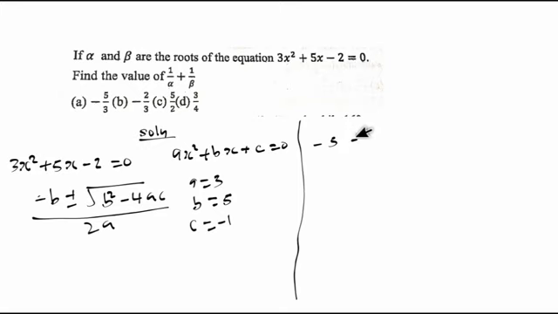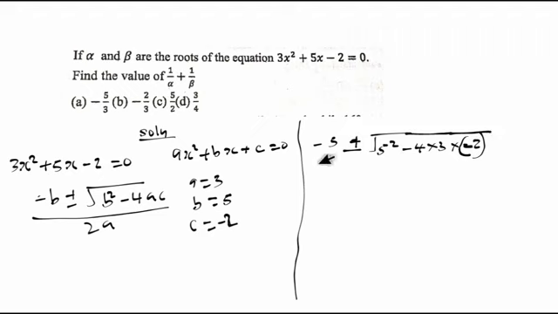Then plus or minus the square root of b squared, which is 5 squared, minus 4 multiplied by a, which is 3, multiplied by c, which is minus 2. I wrote minus 1 here by mistake, that's minus 2. Let's put this in brackets to avoid a mistake with the sign.